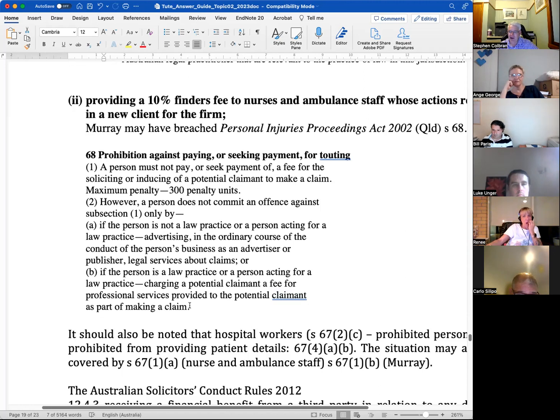The potential claimant would be the person injured seeking to make a claim for their personal injuries. So the fact that you're charging the potential claimant doesn't mean that you've committed the offence. But paying somebody, paying the nurse, or the nurse trying to recover money would be caught by the section.